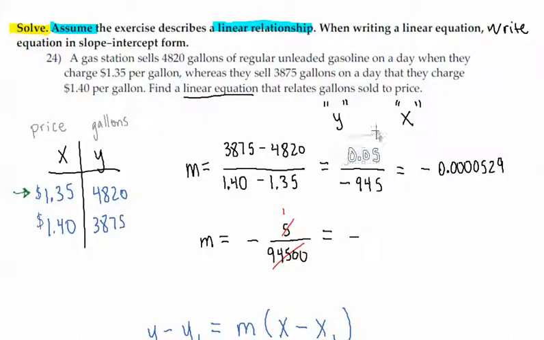Which means that we would have had negative 945 from the difference of the y's on top and 5/100ths from the difference of the x's, the price values, on bottom.